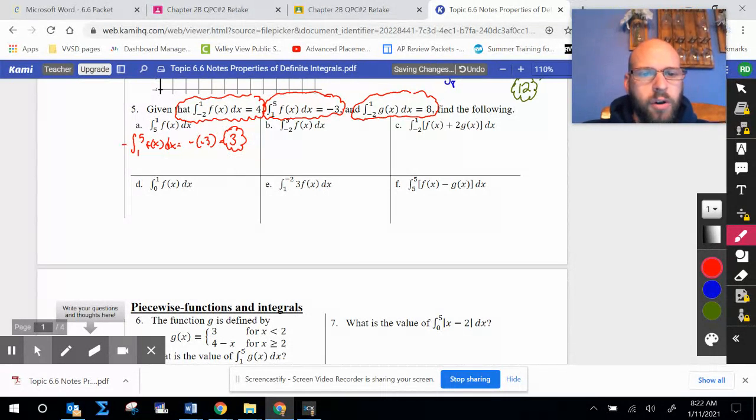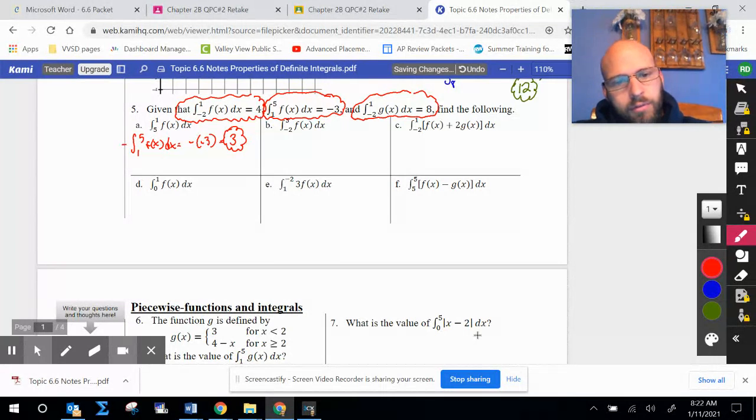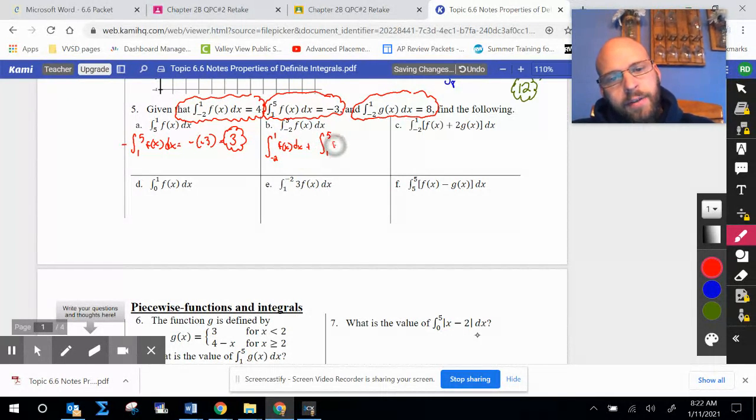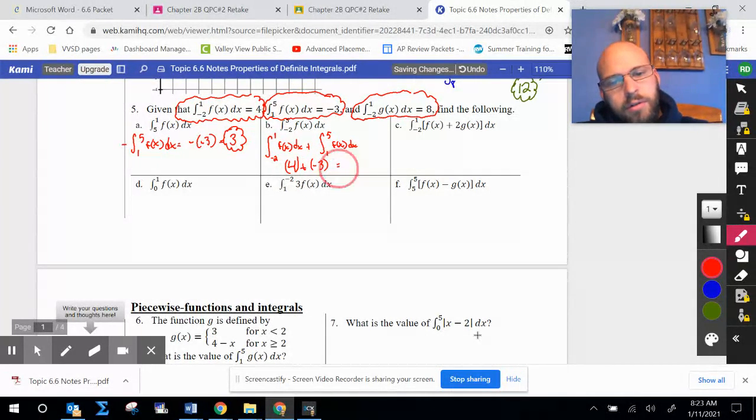Okay. Now, if I want to go from negative 2 to 5, watch what I do here. I'm going to say from negative 2 to 1 of f of x dx plus the integral from 1 to 5 of f of x dx. And now I can just add those integrals together, which gives me a value of 1.